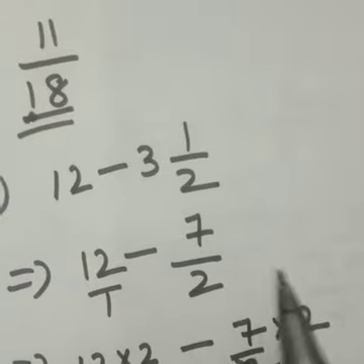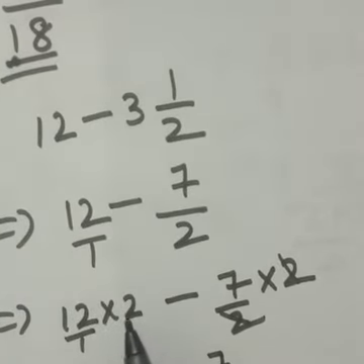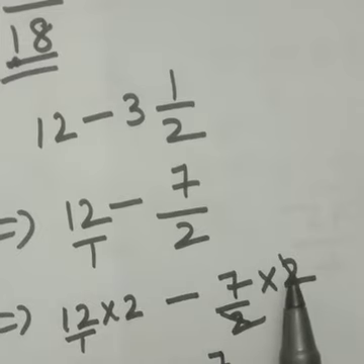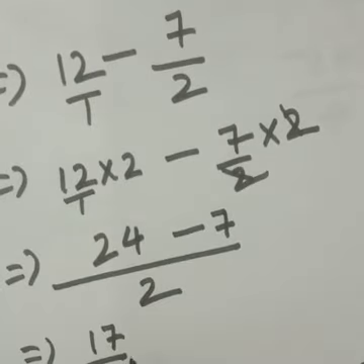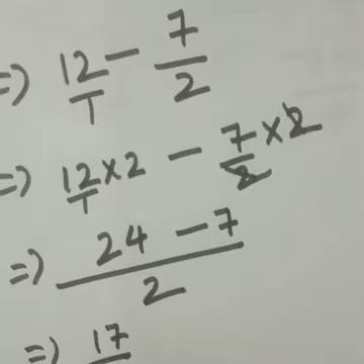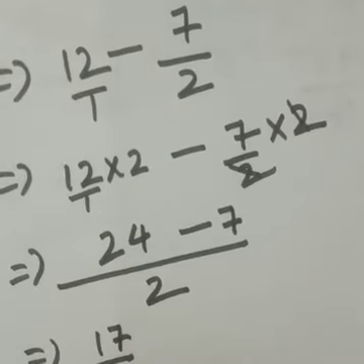Cross multiplication, otherwise LCM you can take, 2 and 1, LCM is 2 only. After getting the LCM you have to multiply with the LCM. 24 minus 7 out of 2, subtract, you will get 17 by 2, divide it, you will get 8 and 1 by 2.